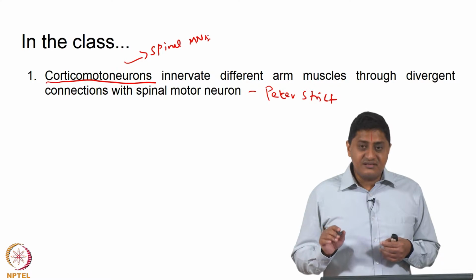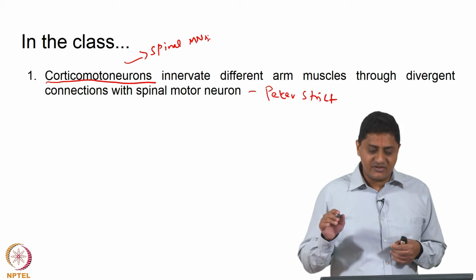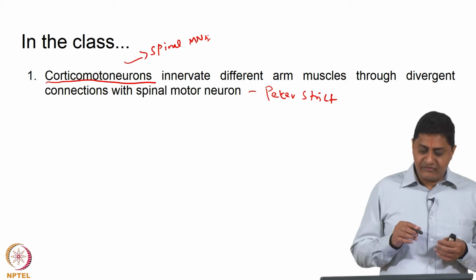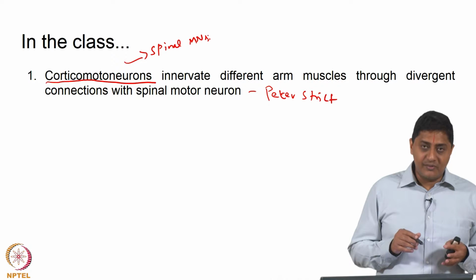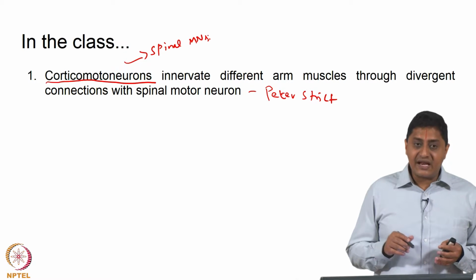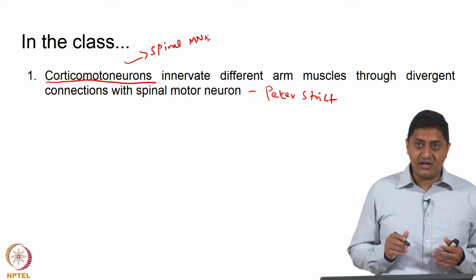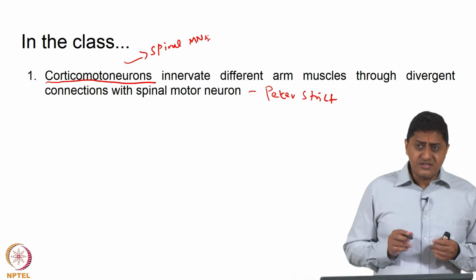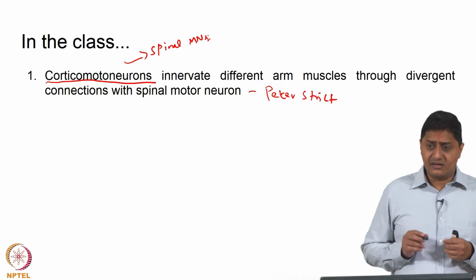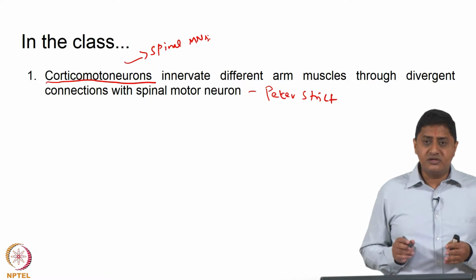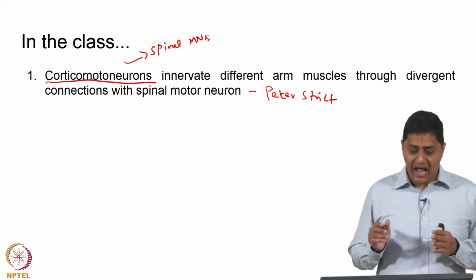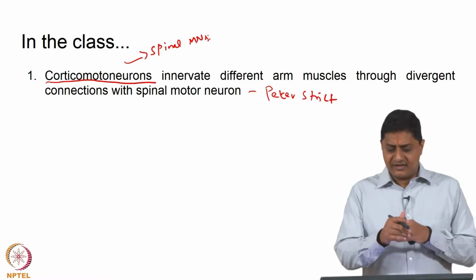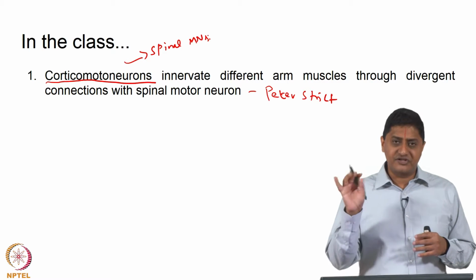In primates this number increases. In primates, for example in macaques, there is a substantial number of motor neurons in the primary motor cortex that project directly to the alpha motor neuronal pools in the spinal cord, right. These are especially devoted to the distal upper limb function, or in other words wrist and finger functions.